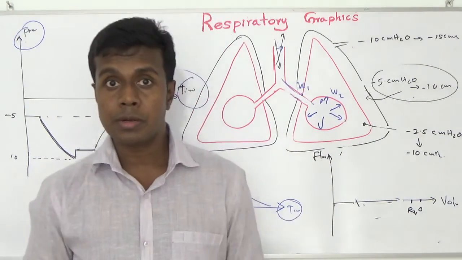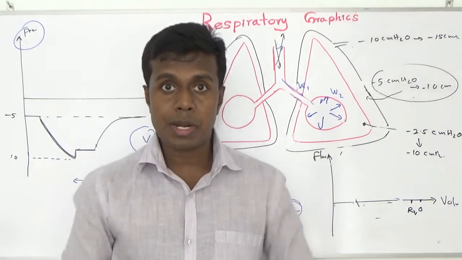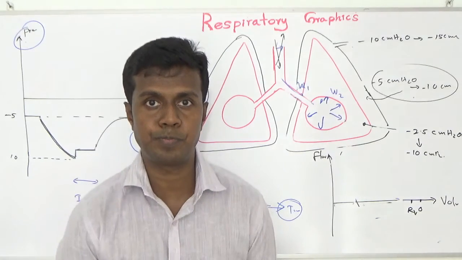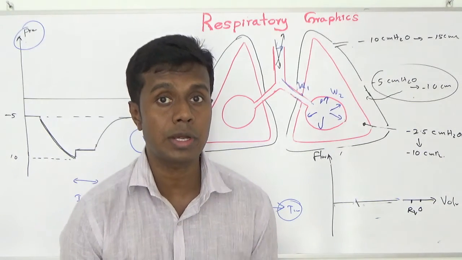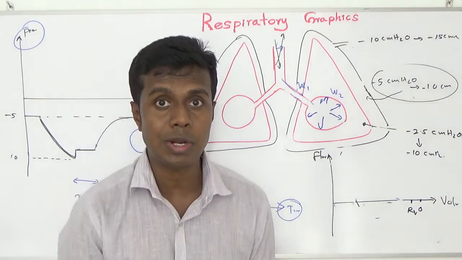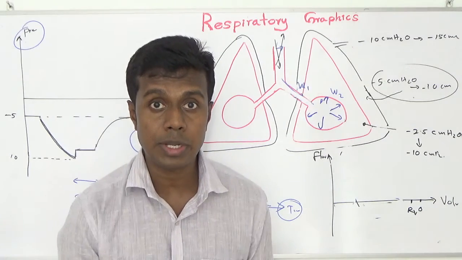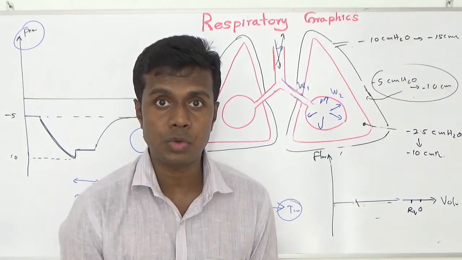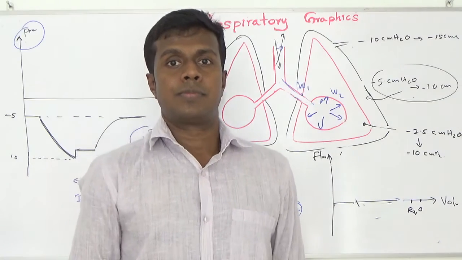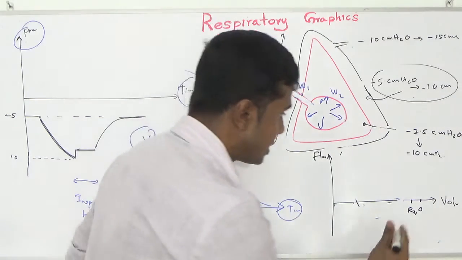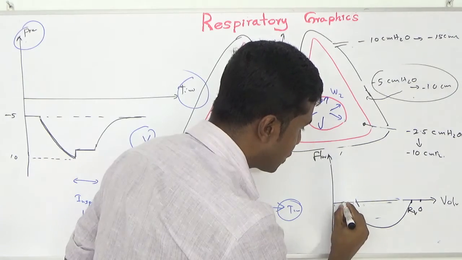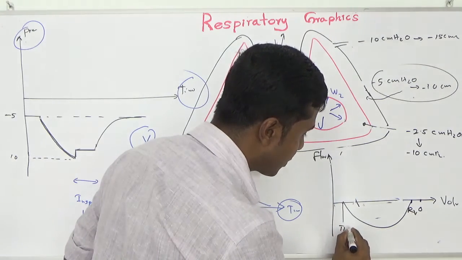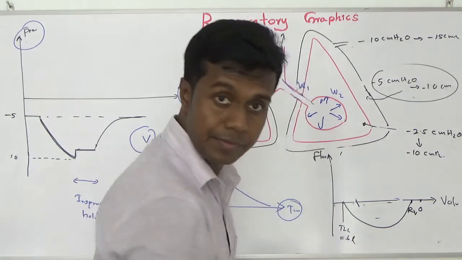I expire as much as possible. Now I am at residual volume. Now I take as much air as possible into my lung, up to total lung capacity, approximately 6 liters.